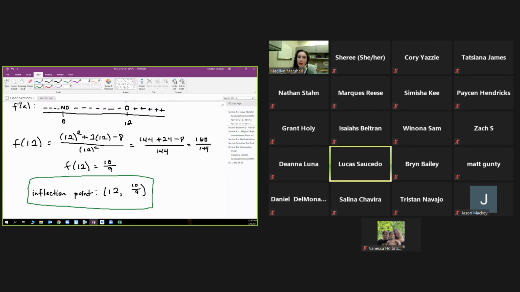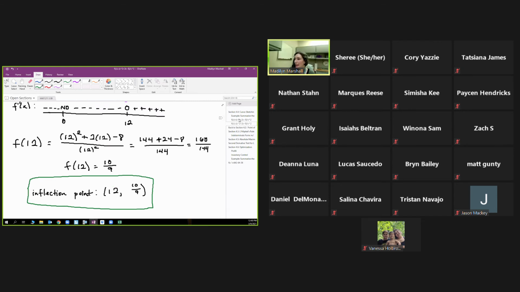Is there a reason why you use the coordinates for the inflection point, but we use the function notation for the local max? Yes, it's mostly style, so really it's not a huge deal if we switch, but the reason is that the inflection point is the whole point. It's the X and Y values.